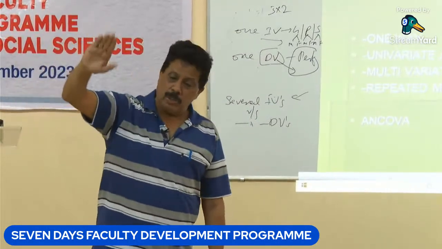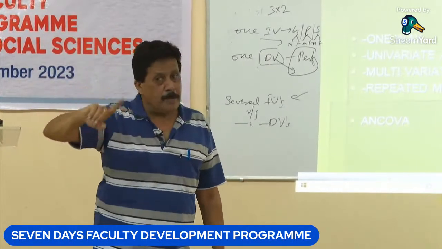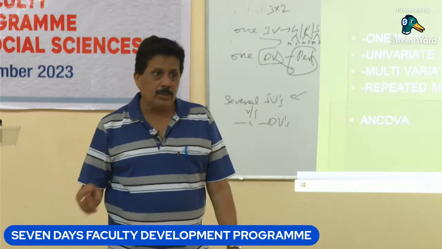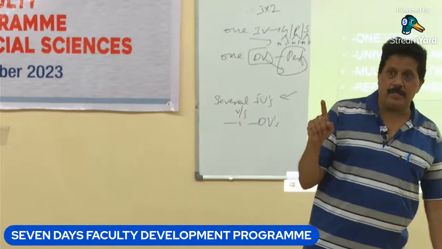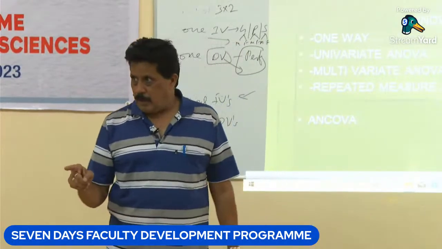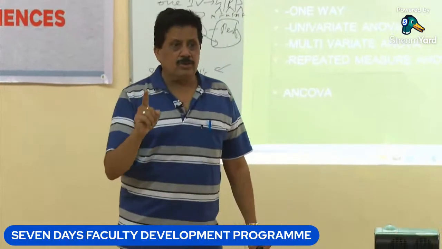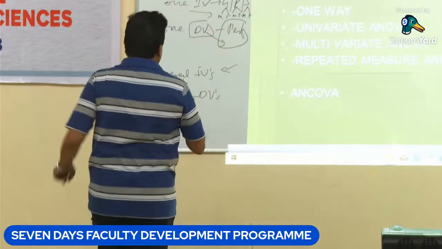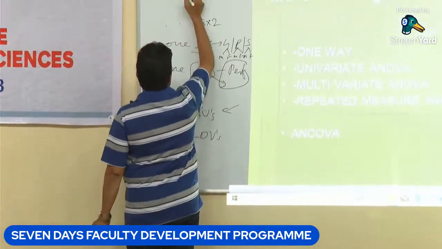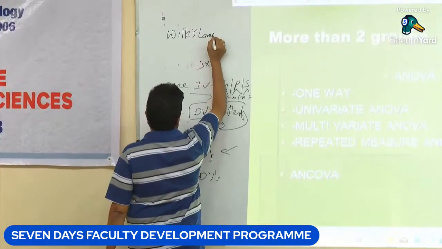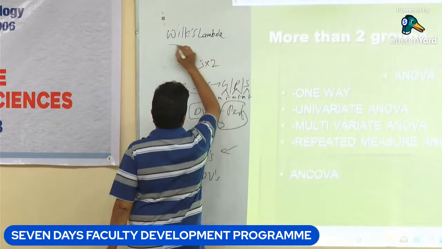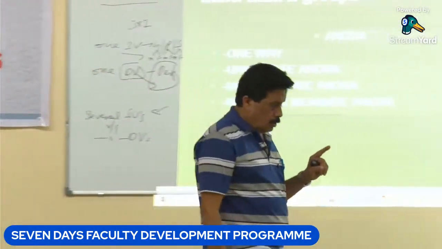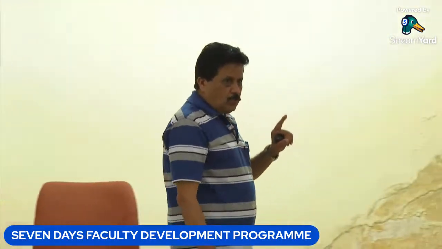Now multivariate or univariate is based on the number of variables employed, especially dependent. Univariate, single dependent; multivariate, several dependent. But please make a note, if you are using MANOVA, you have to invariably mention an index called Wilks lambda.